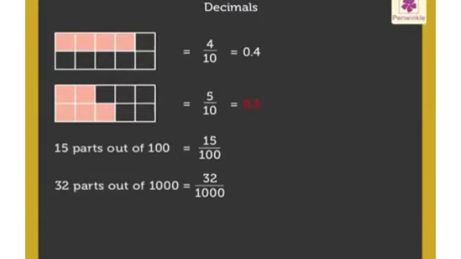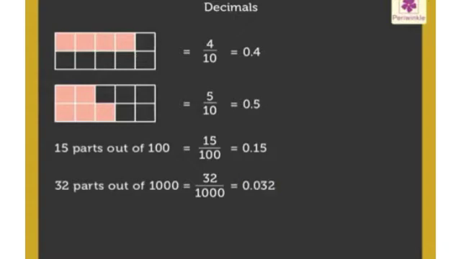Here the denominator has 2 zeros, so we have to write 0.15. 32 by 1000 we have to write 0.032. Here the denominator has 3 zeros. 0.032.